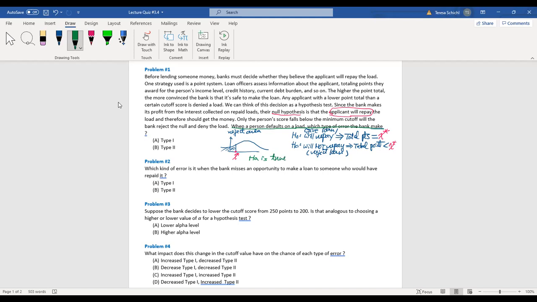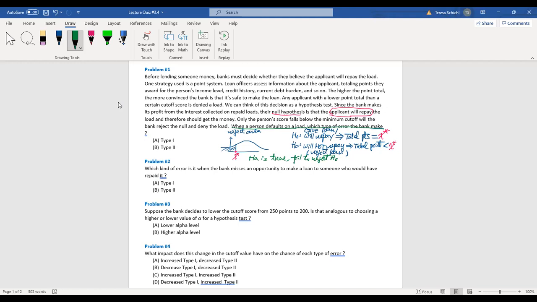So at this point, this person really cannot repay. HA is true, but the bank is still giving them the loan, right? So that means giving them a loan is H0, so we fail to reject H0. Correct?